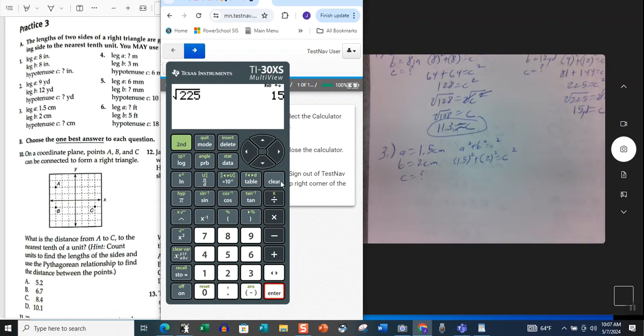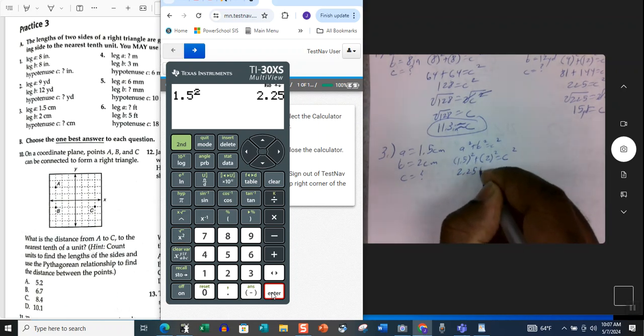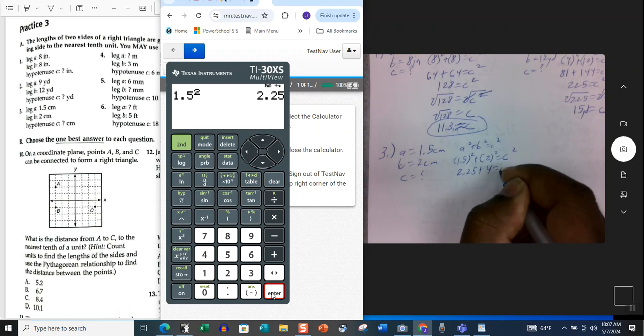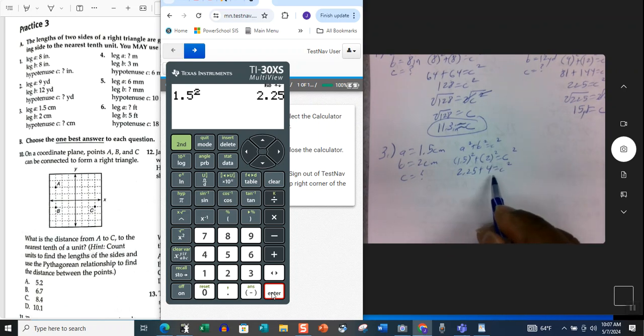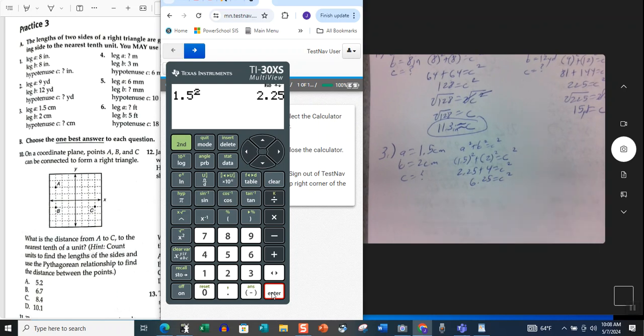So 1.5 squared, we could put this in our calculator, 1.5, and hit the x squared key and enter. That'll be 2.25 plus 2 squared is 4. 2.25 plus 4 is 6.25 equals C squared.